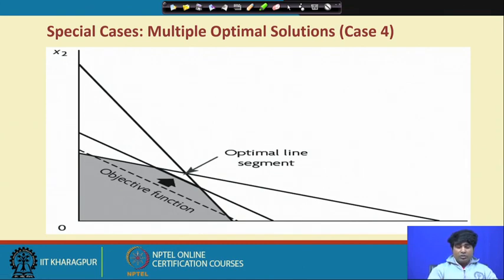Here the constraints are consistent corresponding to the objective function, but this is the case where at least 2 different corner points have a value of the objective function that is more or less similar. If that is the case, then this will indicate multiple optimum solutions, or sometimes alternatives. This is what I call an alternative solution.